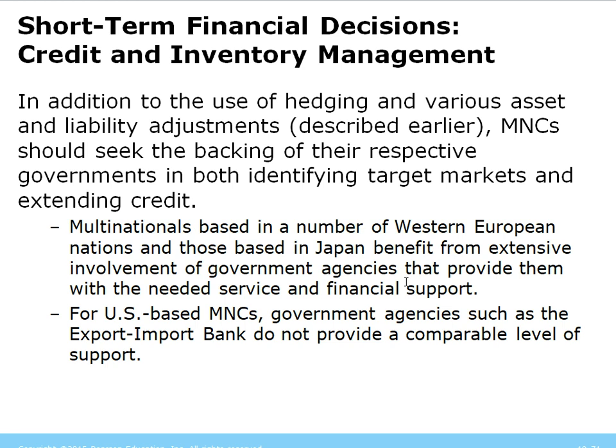Multinationals based in a number of Western European nations or those based in Japan benefit from extensive involvement of government agencies that provide them with the needed services and financial support. For U.S.-based multinationals, government agencies such as the Export-Import Bank do not provide a comparable level of support.